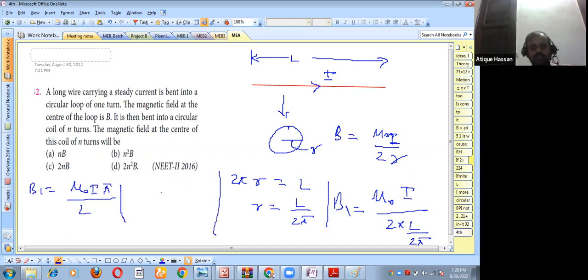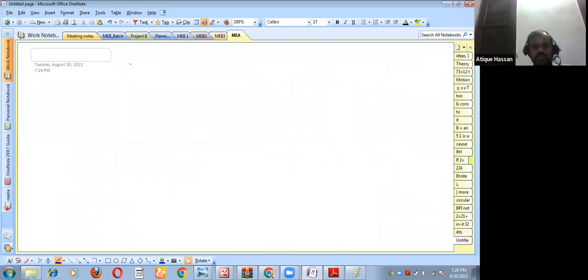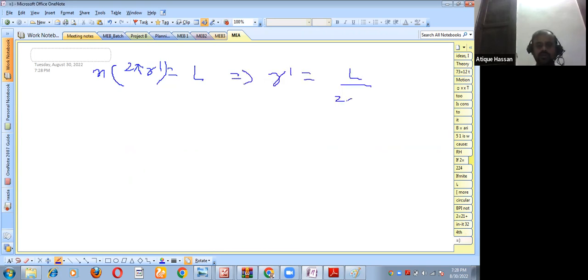Now, when it is bent into n loops, 2 pi R dash into n will be equal to L, since it is n loops. So from here we get R dash equal to L upon 2 pi n.